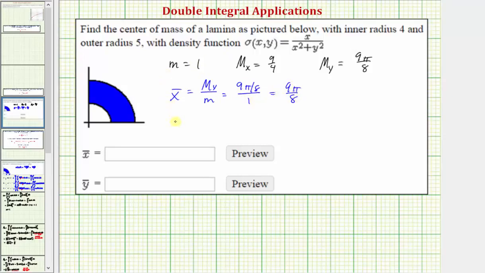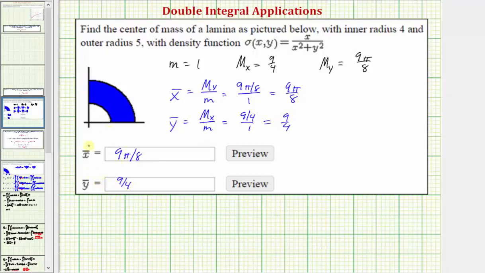And the y-coordinate of the center of mass, or y bar, is equal to the moment about the x-axis divided by the mass, which would be equal to 9/4 divided by 1, which of course is just 9/4. So x bar, again, is 9 pi divided by 8, and y bar is 9/4.